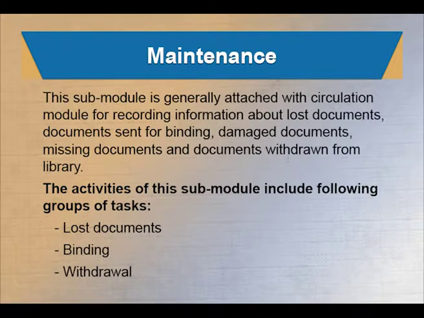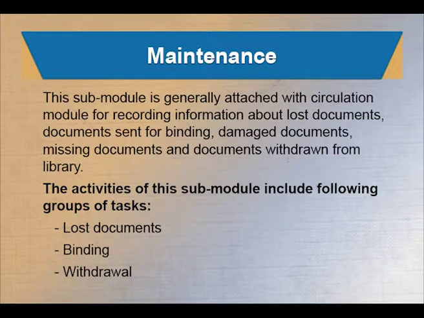And in case of binding, you identify a list of documents which are in wear and tear position, then you select that list of items and send it to the binder. And sometimes you need to also go for weeding out of documents, and weeding out information needs to be entered into the item related data sets in the catalog module.